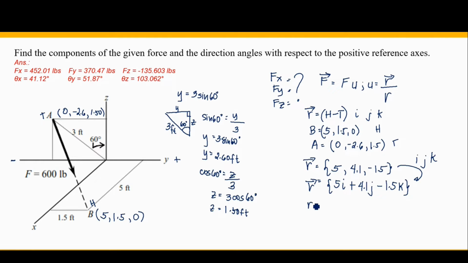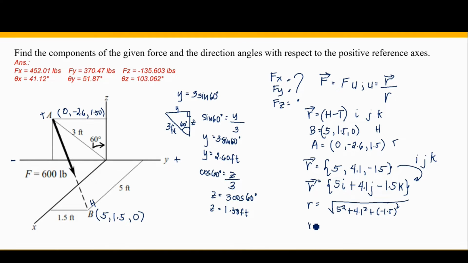And then, computing for the magnitude is just the square root of 5 squared plus 4.1 squared plus negative 1.5 squared. So, pag sinabi na natin magnitude of the position vector, kukunin lang natin yung square root ng i, j, k.